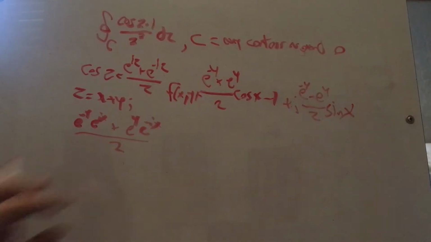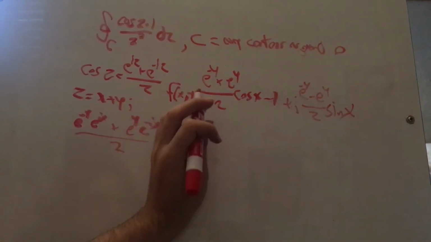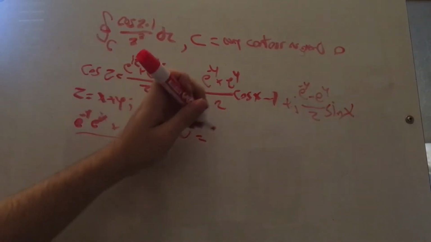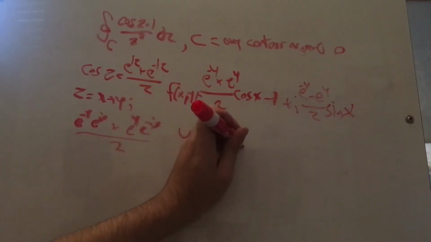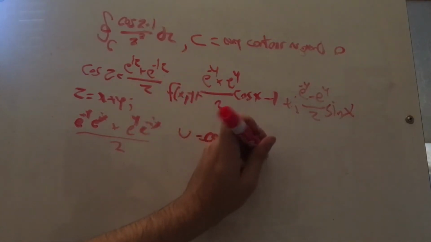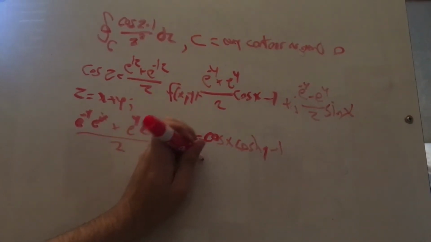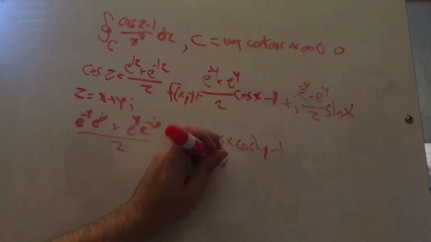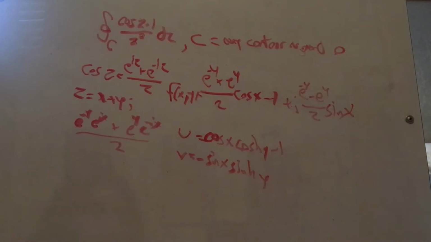So now we have our u and our v, which means after a simplification u is equal to cos x hyperbolic cosine of y minus 1, and v is equal to negative sine x hyperbolic sine of y.